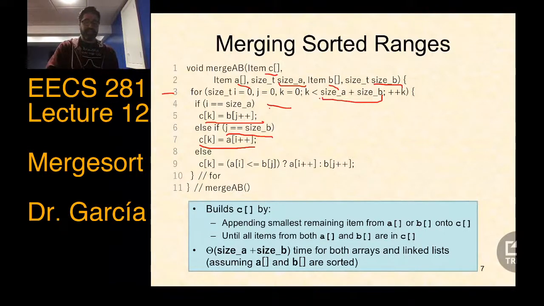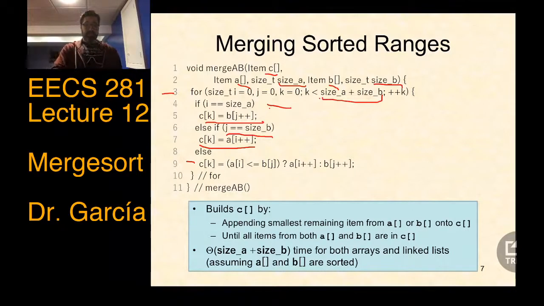The condition on line 4 only evaluates to true if I gets to size A, and it's the same deal with the conditional in line 6. So most often we're going to fall to executing line 9 in this if-else statement.